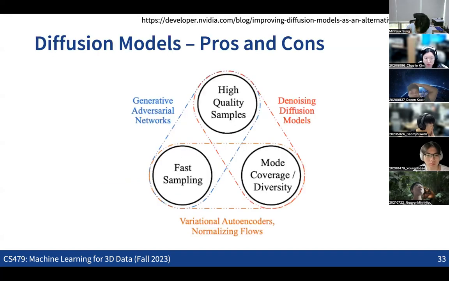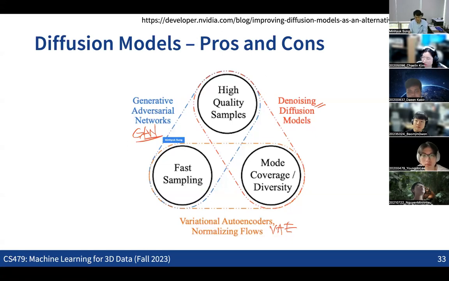The good thing about diffusion models is that, if we look at generative models like the GAN, the VAE and also the diffusion model, the good thing about the GAN is that it can produce high quality samples, and the sampling process is quite fast. But we know that the GAN can be very unstable, in that it can have mode collapse problems and lose diversity in the sample points.